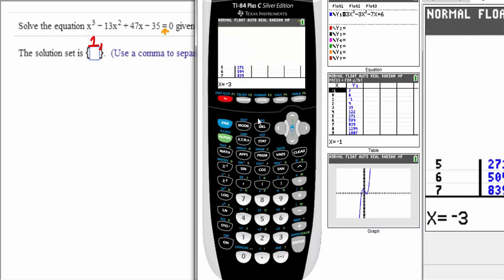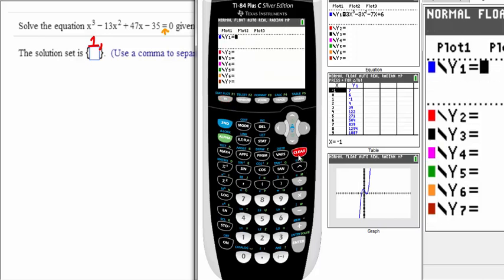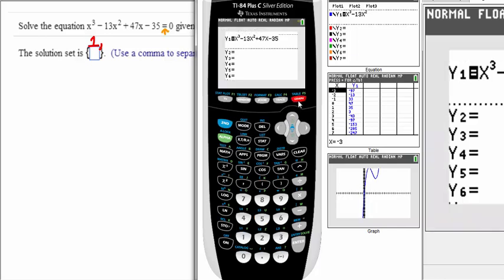So let's go ahead and hit y equals, and let's look at x cubed, x to the third, minus 13x squared, plus 47x, minus 35. Let's just graph this and see what's going on.